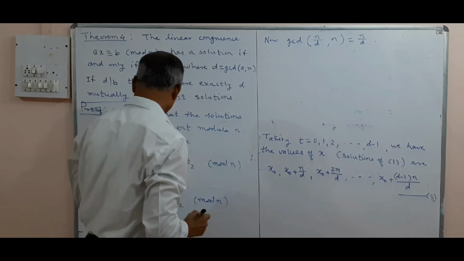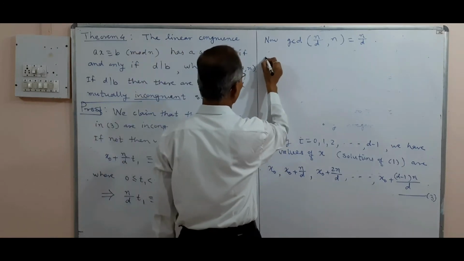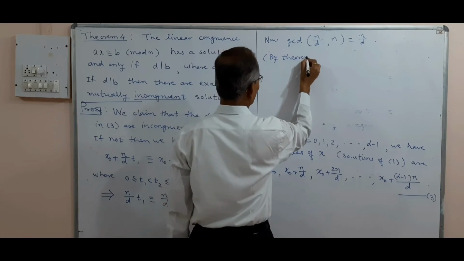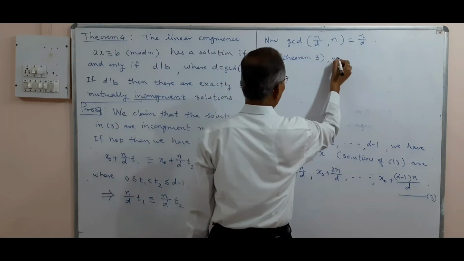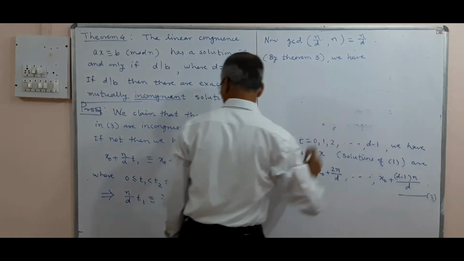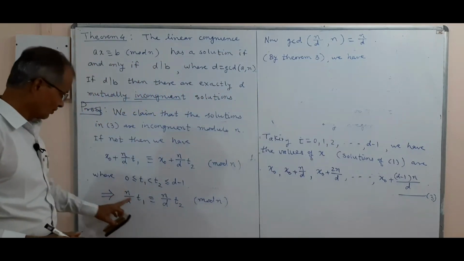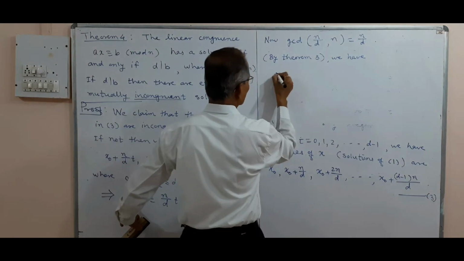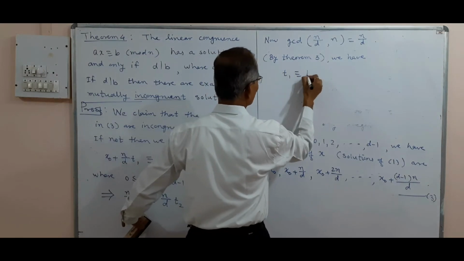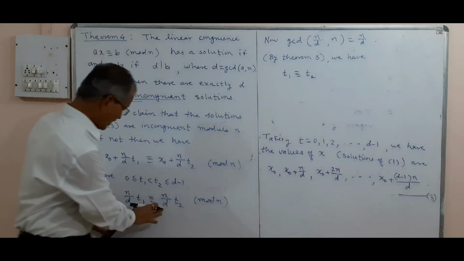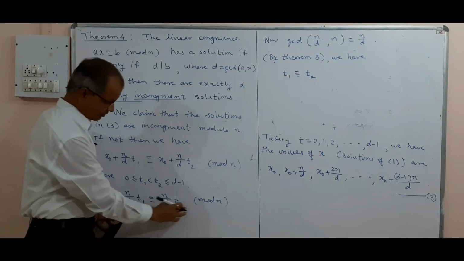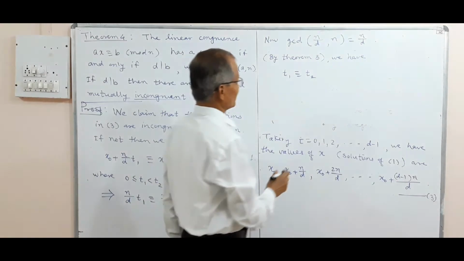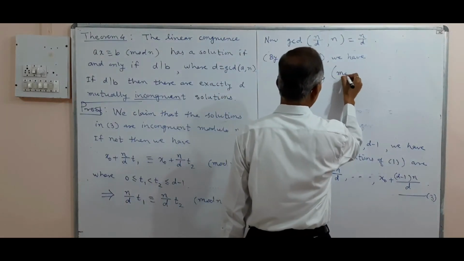And therefore, by theorem 3, we can now divide throughout by N by D. So it gives t1 is congruent to t2, N by D divided out, and the modulus n is also to be divided by this GCD N by D. But you see, what is this modulus?